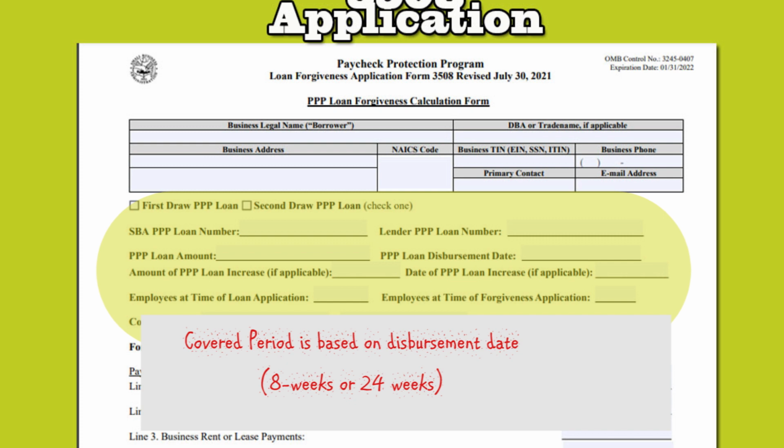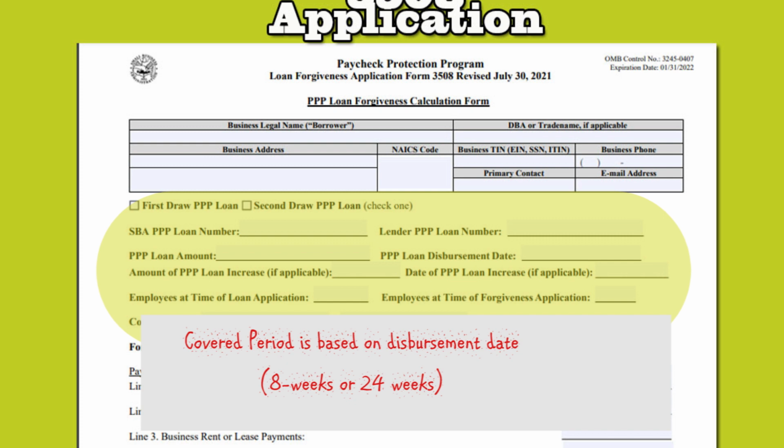So your covered period, the first line, that will be the date that the funds was dispersed into your account. Next, on the second line, would be 8 weeks from that date or 24 weeks from that date. That is a date that you would choose, okay?